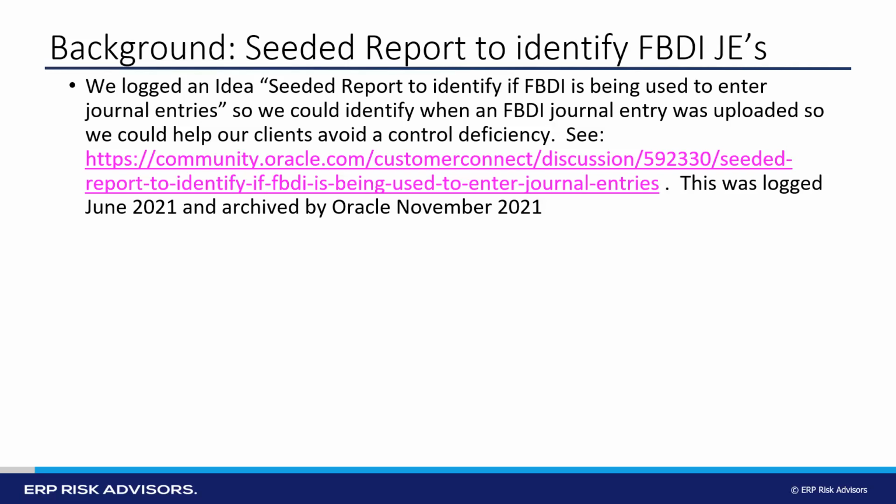And the fact that there wasn't something easy, and auditors in general haven't figured out a way, means the auditors would have to say: if I find somebody having access to the FBDI journal entry process, which is the same privilege that an accountant would have to do an ADFDI process, and the client themselves could not prove that it hasn't been used, given that journal entries are such a critical control and would be fairly easy to use to manipulate financial statements.